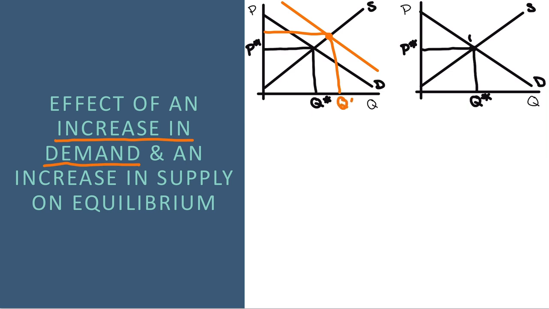So this is Q1, this is P1. Price went up, quantity went up. On the other graph, we have an increase in supply. So supply is also going to shift to the right.